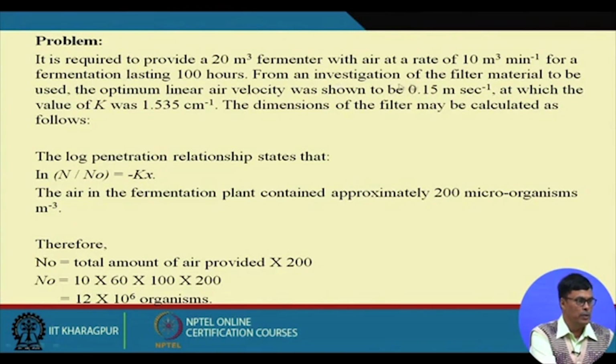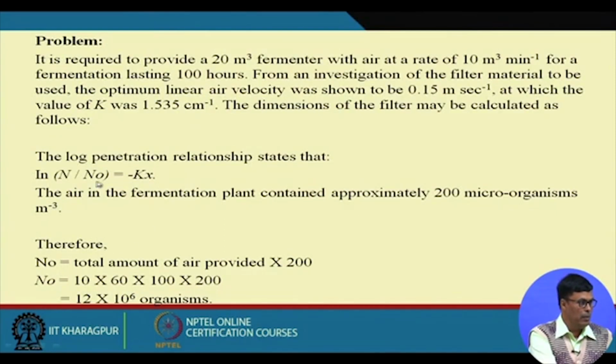From an investigation of the filter material to be used, the optimum linear air velocity was shown as 0.15 meter per second, at which the K value is 1.535 centimeter inverse. It should be small k, but by mistake it is capital K. The dimension of the filter may be calculated as follows. This is very simple.